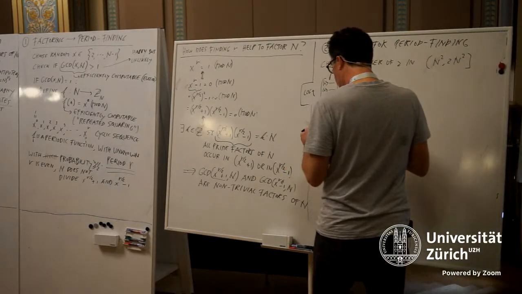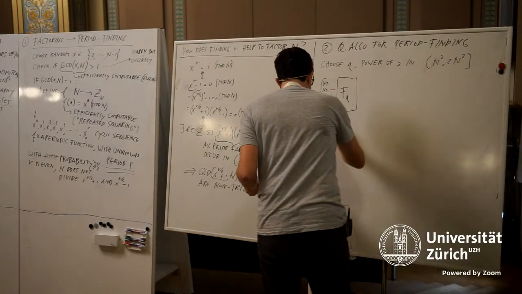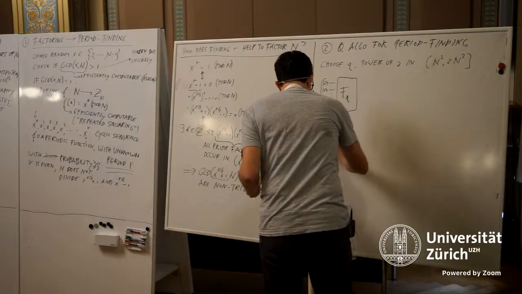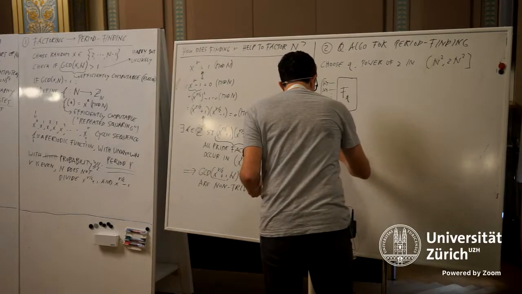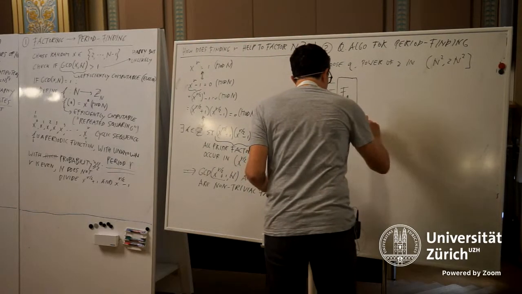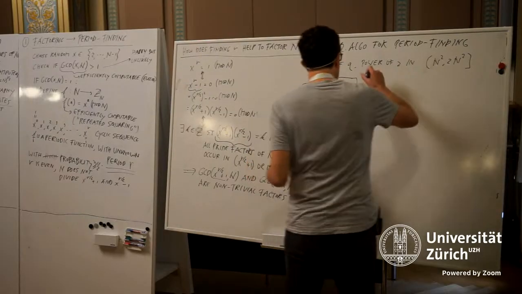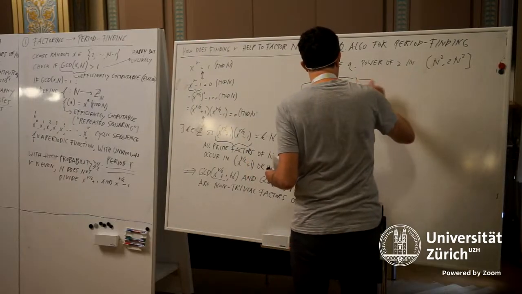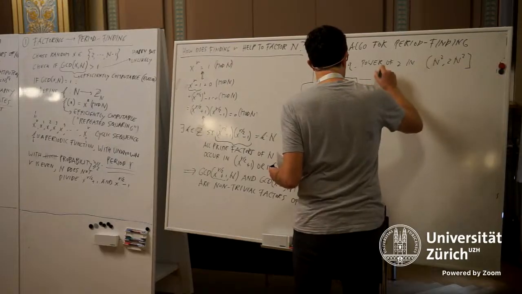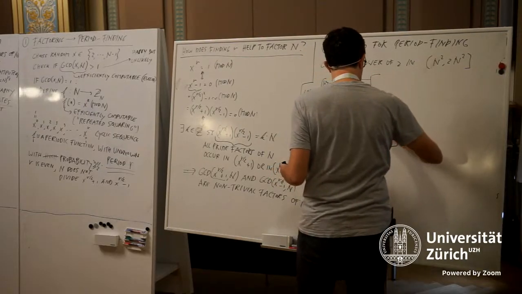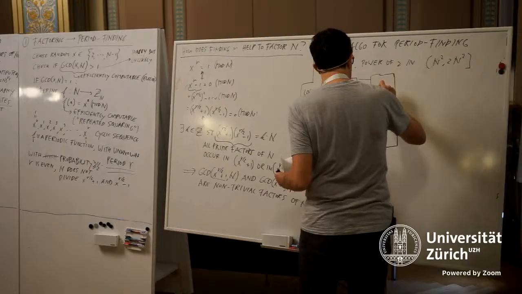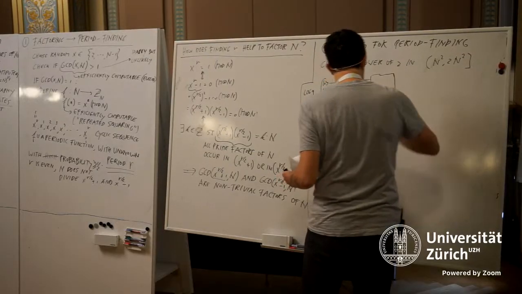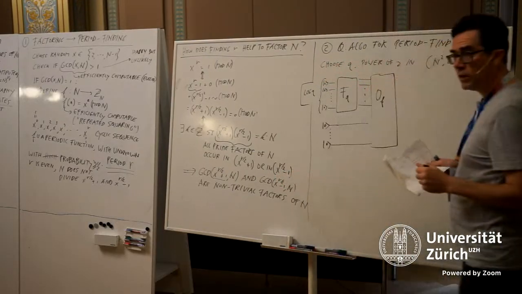And then there's going to be a second register, which also has a bunch of qubits. And here we're going to, in superposition, compute the function f.